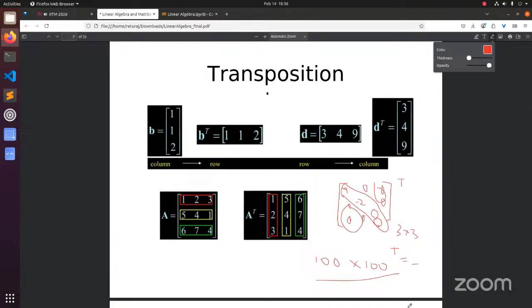Can you at least mentally visualize that even if it is a diagonal matrix of very large size, its transpose is always going to be the same, right?